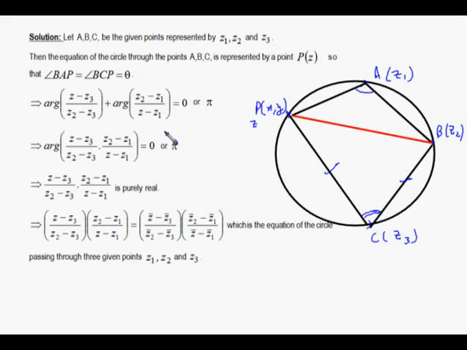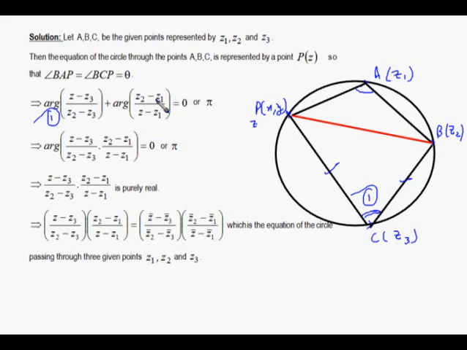So when I say argument of (z minus z3) divided by (z2 minus z3), it is the angle enclosed between these 2 lines which I am talking about, that is this angle number 1 over here. So this argument represents the angle number 1.